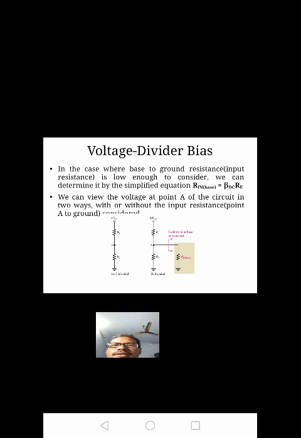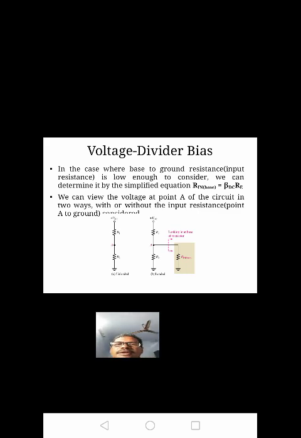Voltage divider bias. In the case where the base to ground resistance is low enough to consider, we can determine it by a simplified equation: R in is equal to beta DC times RE.